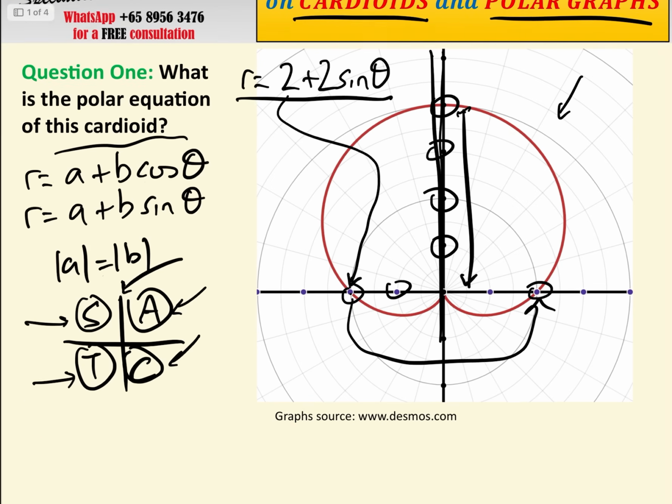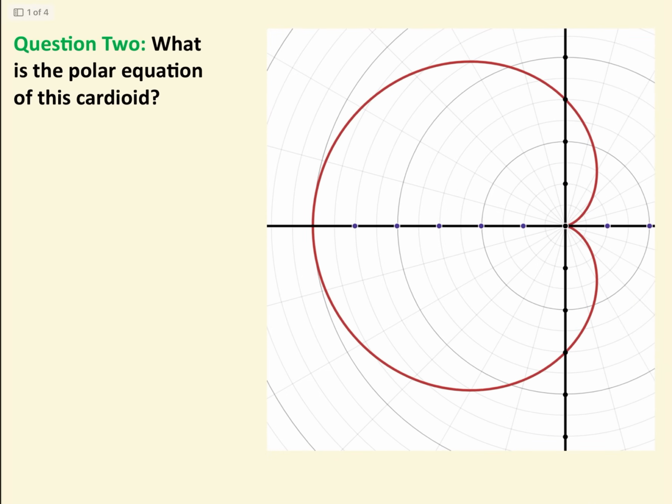Okay, let's have a look at one slightly more complicated. Okay, question 2, what's the polar equation of this cardioid? Well, as it is symmetrical this way, we know that it must be cos, and because most of the graph is in the left-hand side of the y-axis, we know it's minus cos. If it was plus cos, most of the graph would be in this side here. So therefore, we know that it's going to be r equals something minus something cos theta.